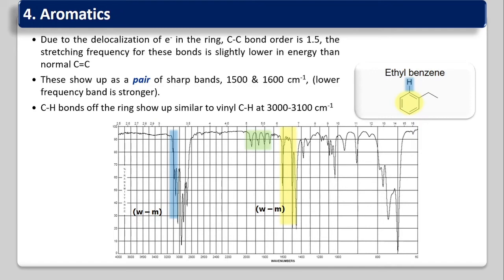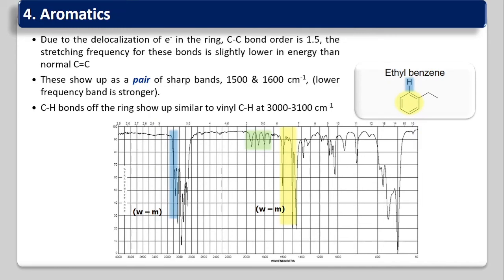So like this you are getting a pair of sharp peaks in the region between 1500 and 1600 centimeter inverse. These are slightly lower than normal alkene bonds. The CH bonds of the benzene ring show similar to the vinyl CH, around 3000 to 3100 centimeter inverse.